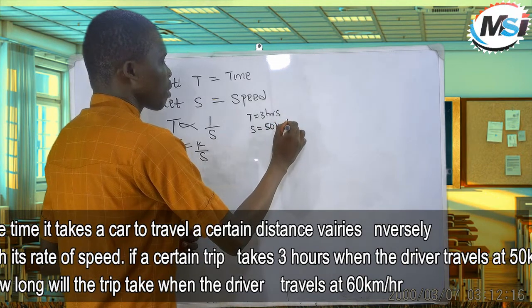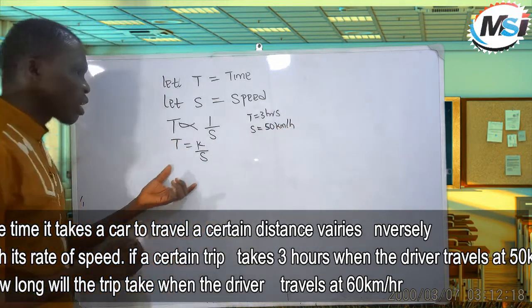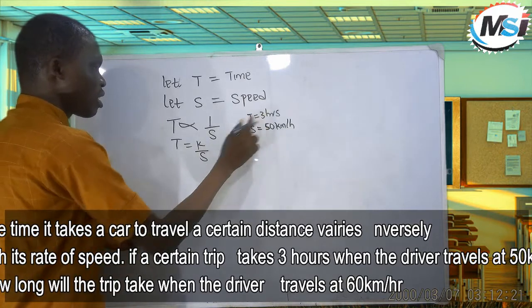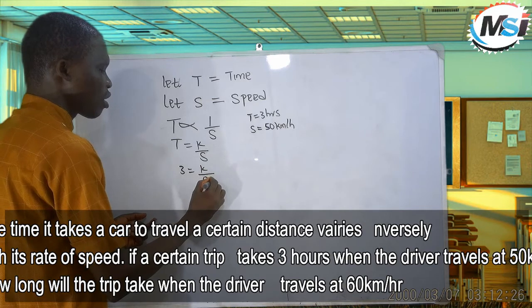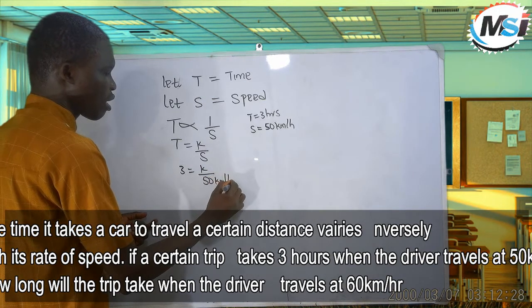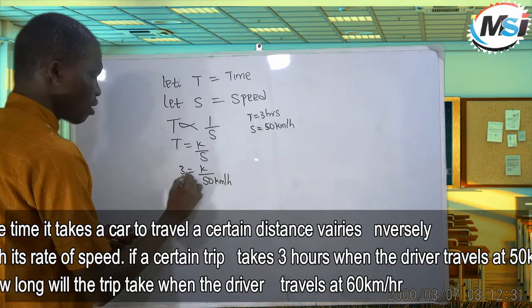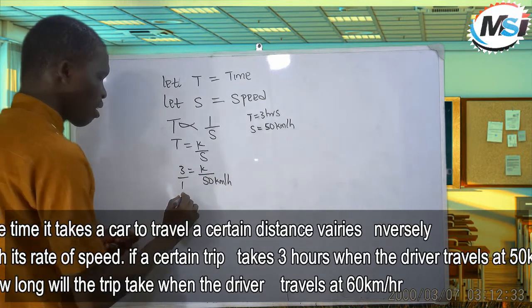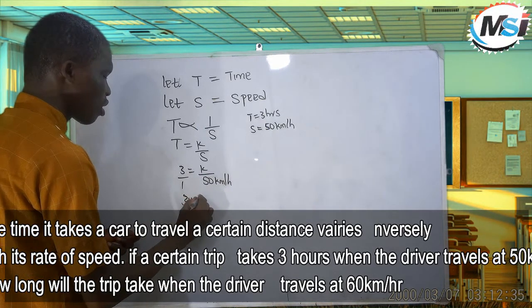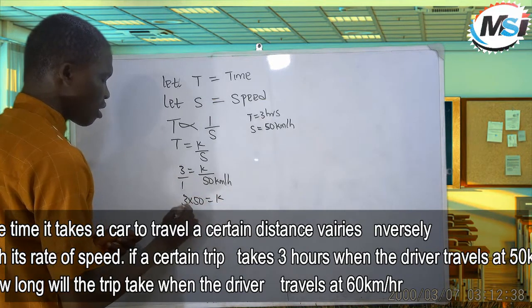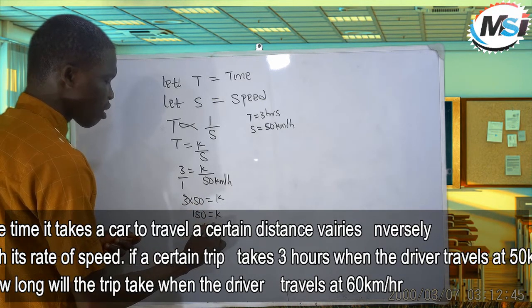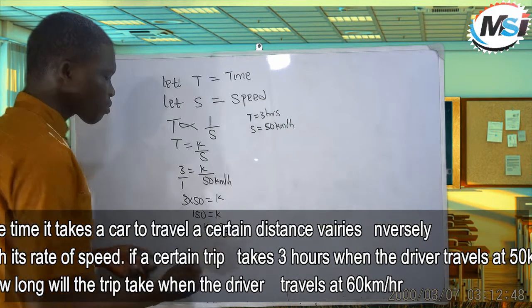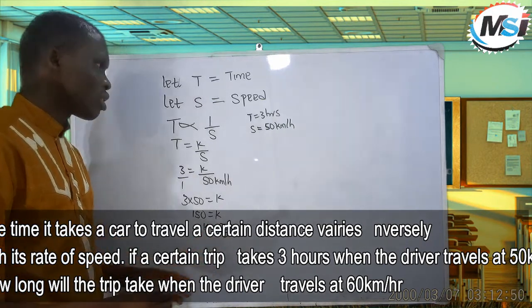Now from here we can just say t is 3 equals k all over 50 km/h. Now divide this by 1, cross multiply, we have 3 times 50, which will give us k. 3 times 5 is 15, 3 times 0 is 0. So that means k will give us 150. K doesn't have units. You need to understand that.